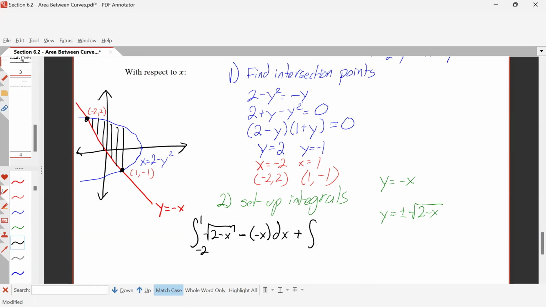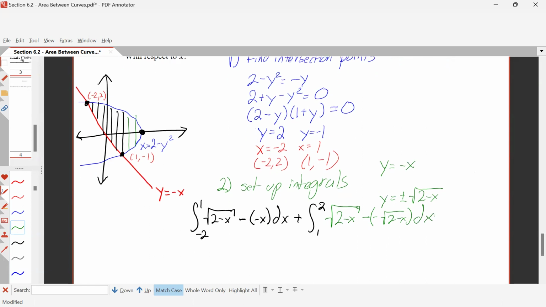And then from 1 until the end of this, which is x equals 2, the upper square root of 2 minus x is above the negative square root of 2 minus x, which is the lower function.